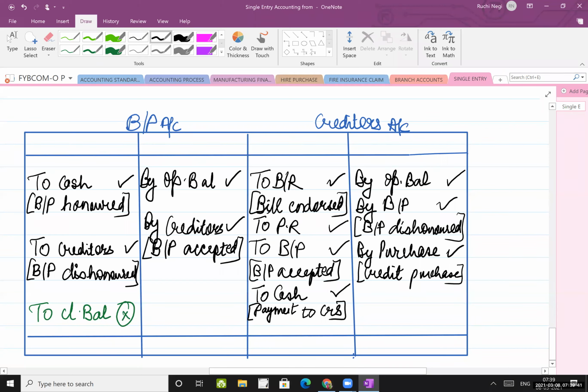Creditors to purchase return. Next क्या हो सकता है? Debtors में we had discount allowed. Creditors के लिए we will have discount received. Okay. Discount received. I'm writing it here.